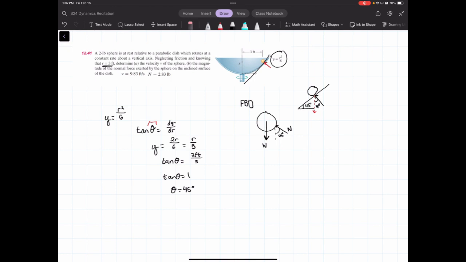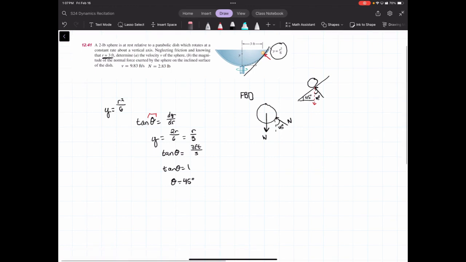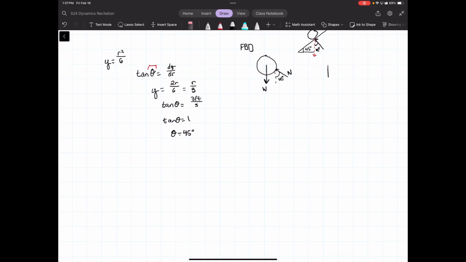Then we can start to sum up our forces. Oh, and let's draw a coordinate system. So we're going to say that our y direction is that way, and then we're going to use an n that way. And then we need to figure out what direction the acceleration is going to be.